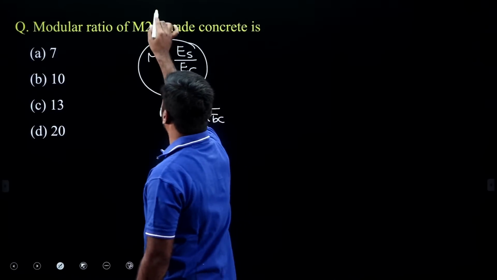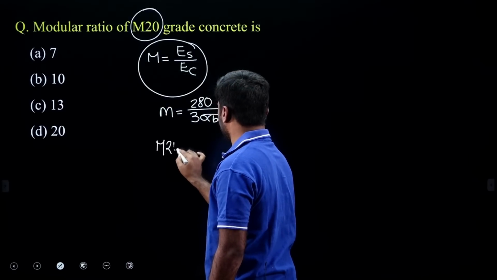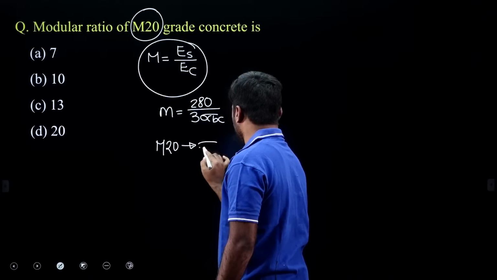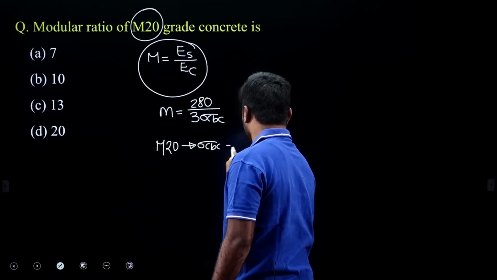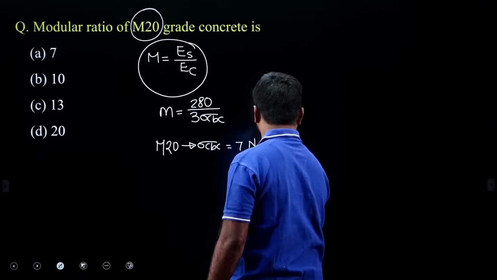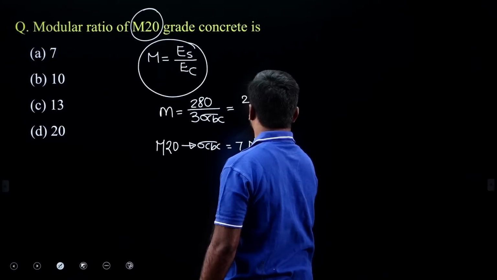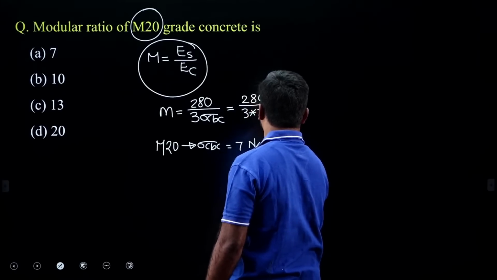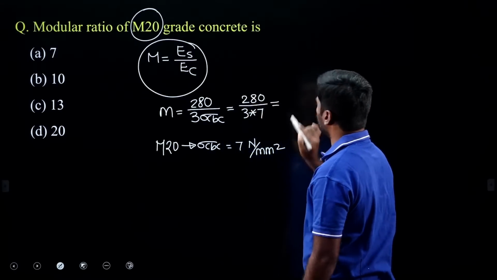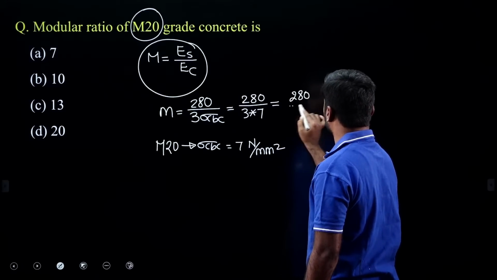Here given grade of concrete is M20. For M20 grade concrete, sigma CBC value is 7 megapascal. So, 280 upon 3 times sigma CBC, which is 7, you will get 280 upon 21.